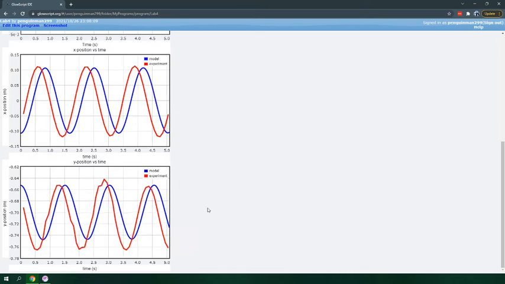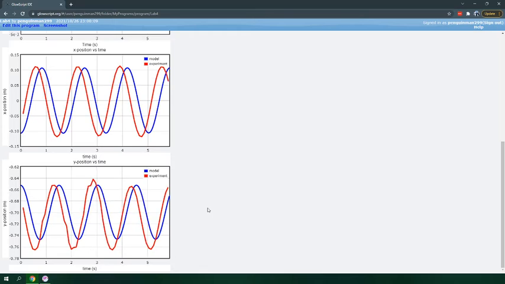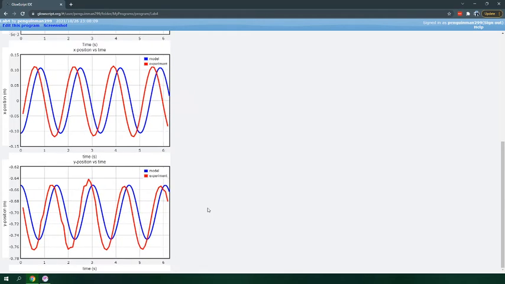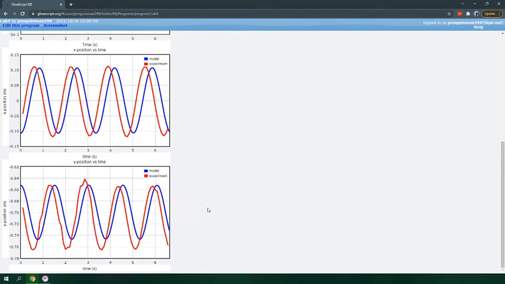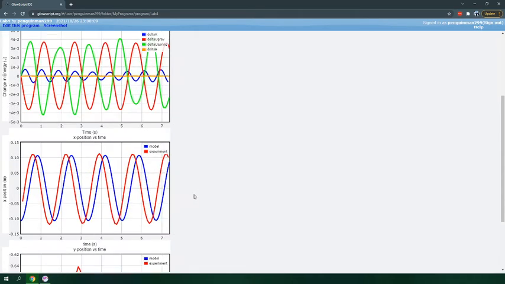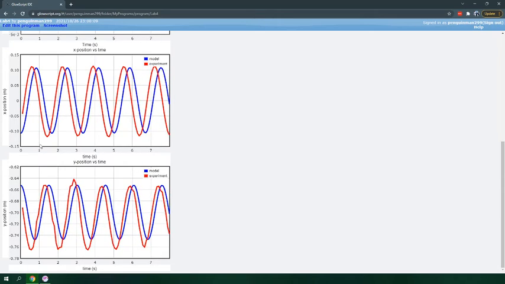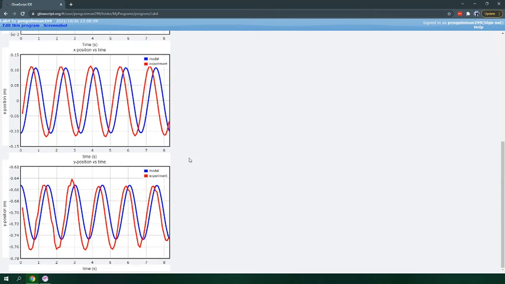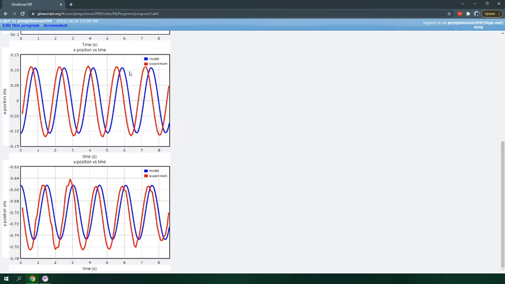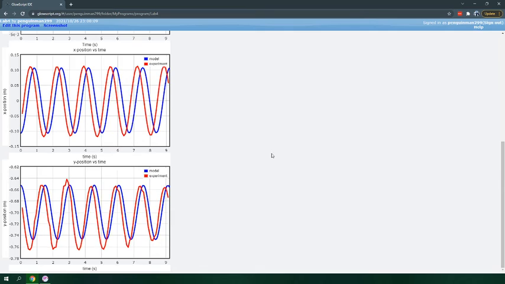I do not know GlowScript code super well. I do not know how to adjust these values properly, but we can see that they match up fairly well regardless. The only difference is this slight shift in the timing of both models.